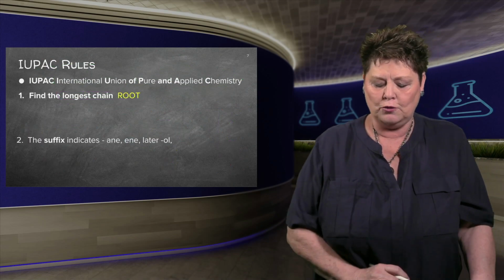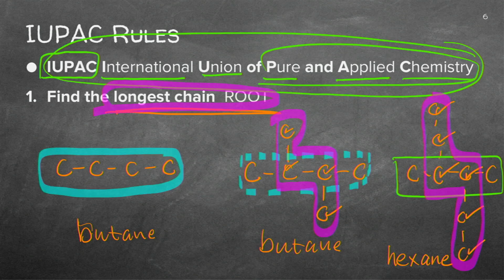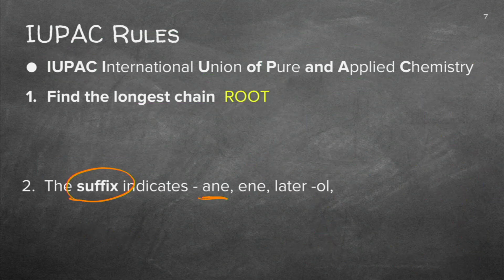The second rule, you have to find the suffix. If it's single bonds, like the ones we just drew, can you see there, single bonds? What was the name? Anes, all of them. So that will give you the name. If I had double bonds, let's say for instance, I had that, it would be an ene.